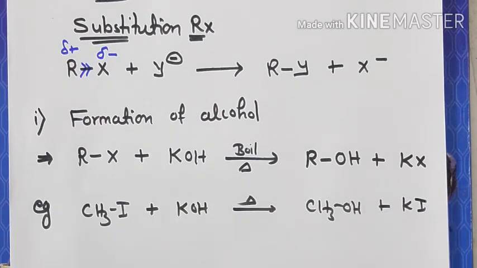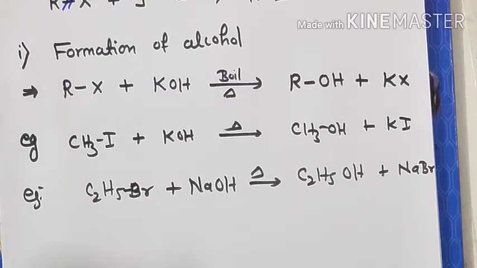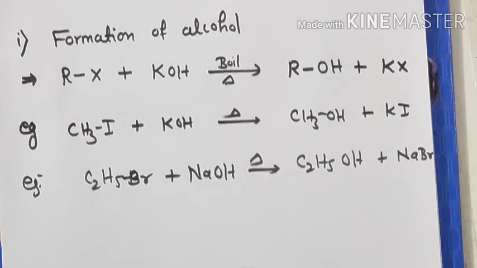Another example, C2H5Br, this is ethyl bromide. This time I treat it with NaOH. It will result in the formation of C2H5OH, that is ethyl alcohol, plus NaBr. So that's a simple reaction.